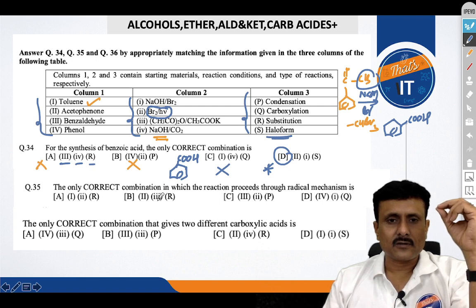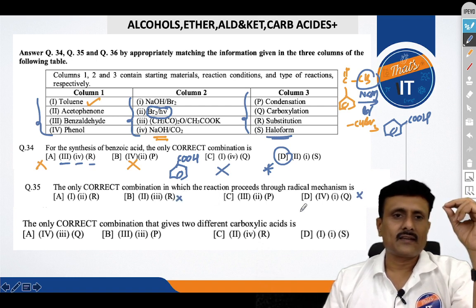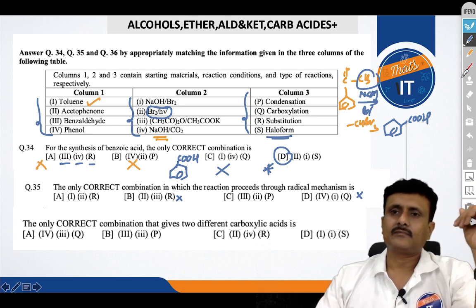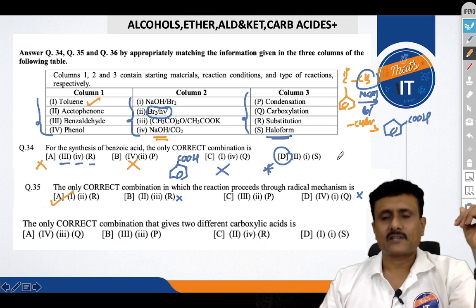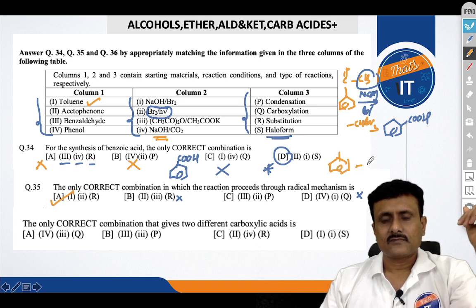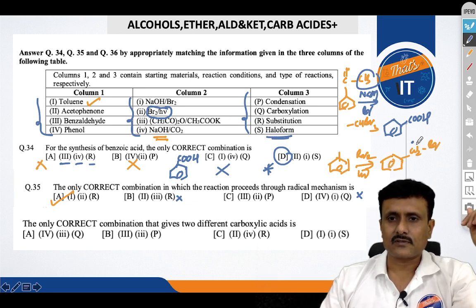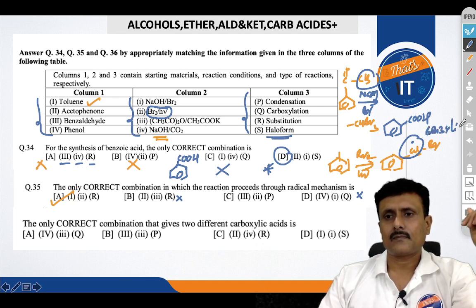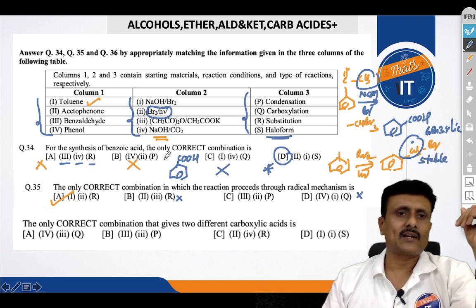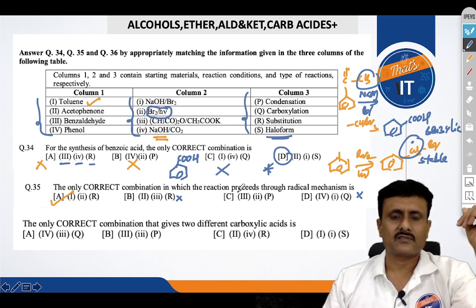You can see it is present in option C and A, and you have to write the reaction accordingly. 1, 2 and R makes sense. 3, 2P, because when you take toluene and carry out bromination, the product is benzyl bromide, and this reaction takes place at the benzylic position because this radical is benzylic radical and it is stable, isn't it? So 2, 2 and P, acetophenone, no, this is not possible.